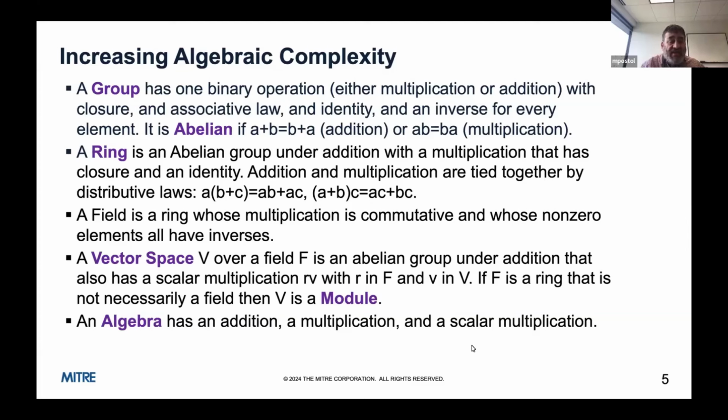A field has even more: the multiplication is commutative, and the non-zero elements all have inverses. Vector spaces have a scalar multiplication, where the scalars are a field. If it's a ring and not necessarily a field, it's a module. So a vector space is a special case of a module. And an algebra has addition, multiplication, and scalar multiplication.